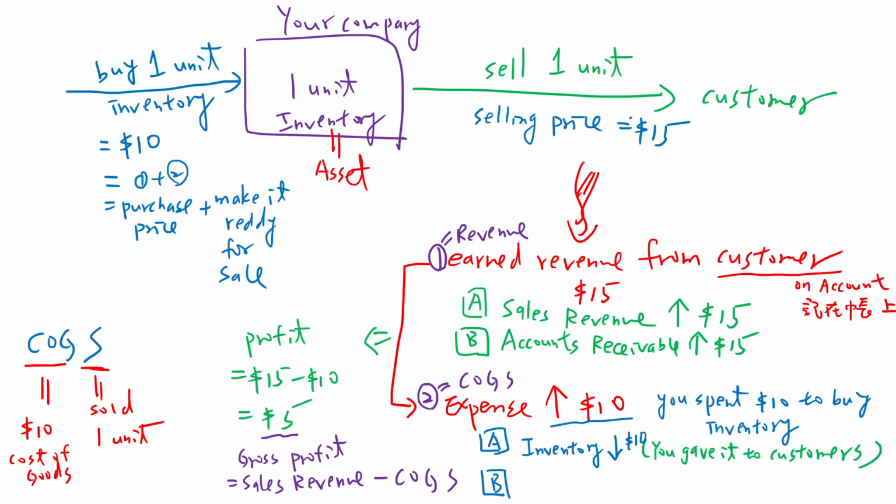Right now, I sell it to customers, so it's not my inventory anymore. Since it's not your inventory, we have to say it's your expense incurred.